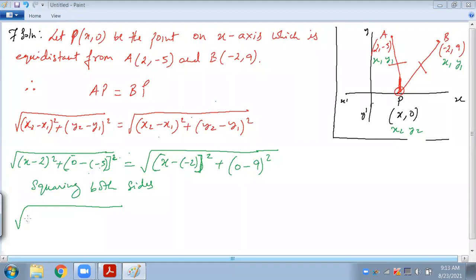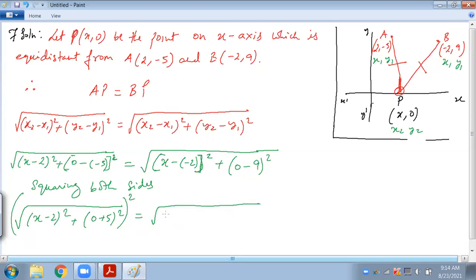So now we'll square both sides and at the same time solve the bracket. Inside the bracket, solve it. And this one will be what? 0 plus 5 square. But now we are squaring both sides. So whole square. Again, take the right side, solve it. And again, square it. Now, if you square both sides, the square and root will get cancelled.